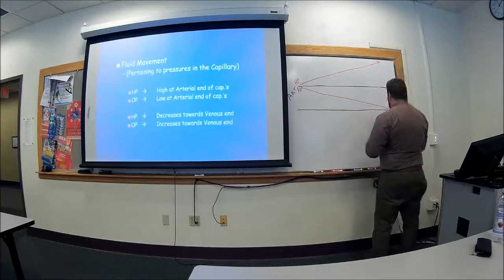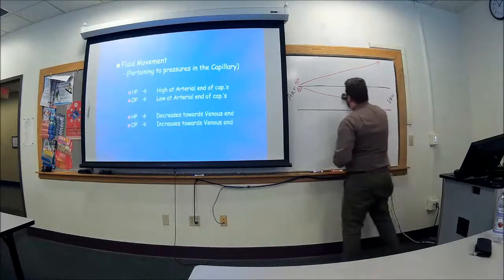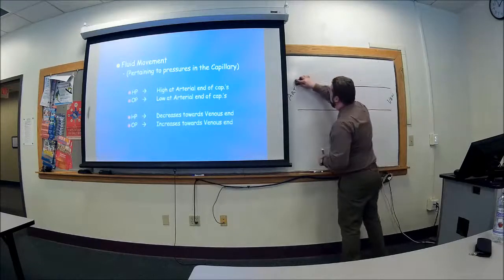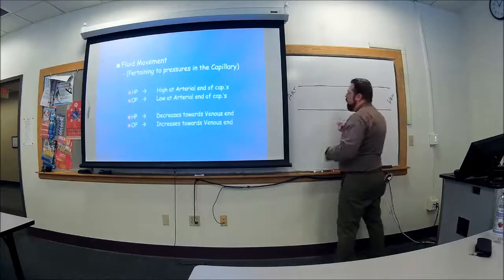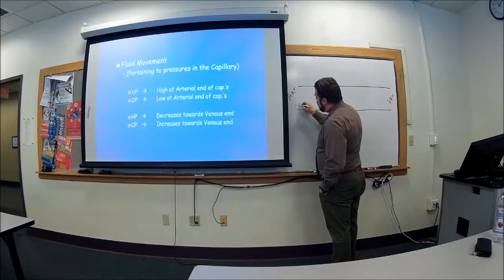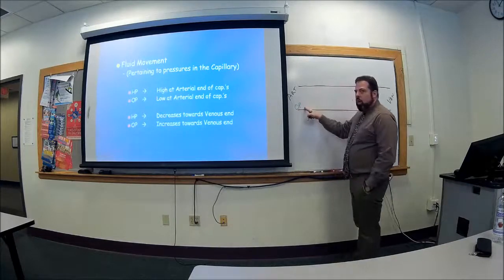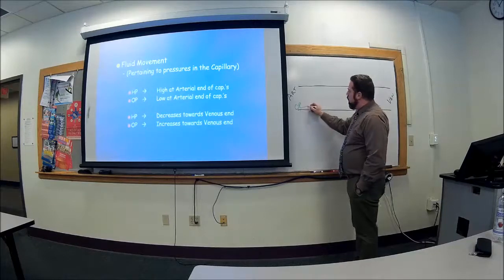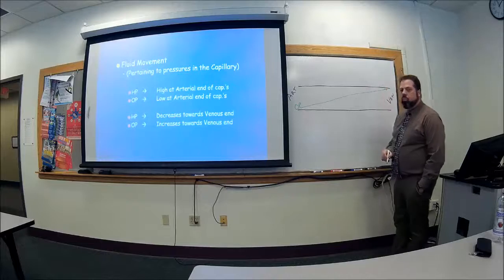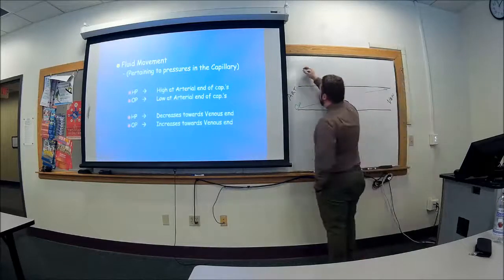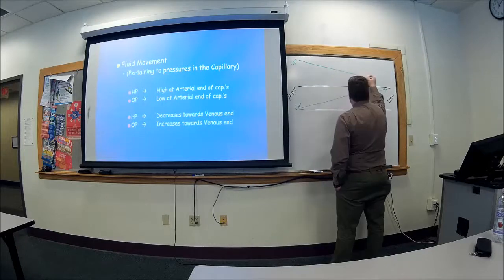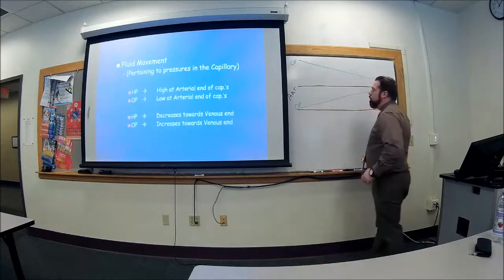Likewise, the oncotic pressure at the arterial end in the capillary, the oncotic pressure is going to be very low here, but it'll gradually get higher. In the interstitial area, the oncotic pressure is going to be very high, but gradually going low.